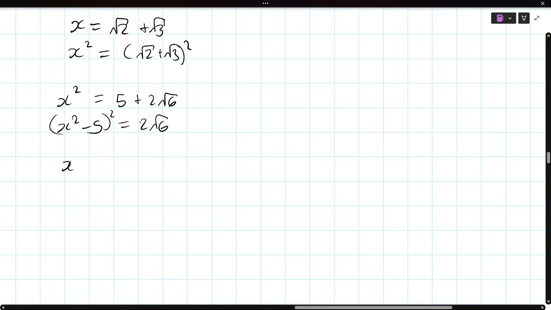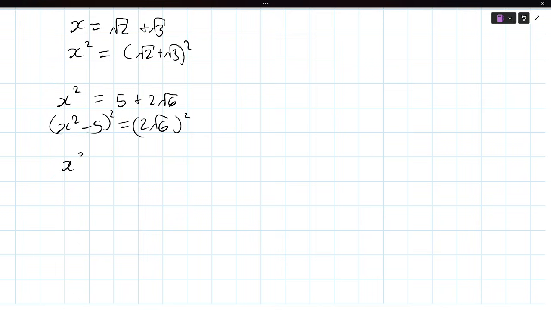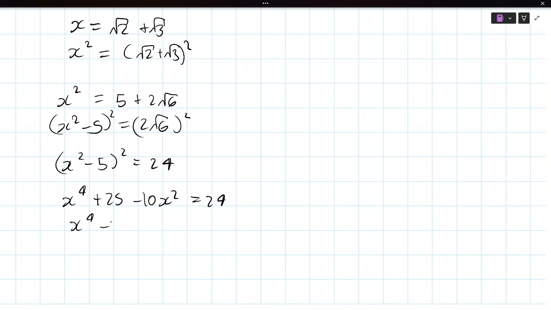I am going to do this. This is going to be 4 times 6, which is 24. And this is x to the 4 plus 25 minus 2x squared minus 10x squared into 24. And I'm left with the following monic polynomial.